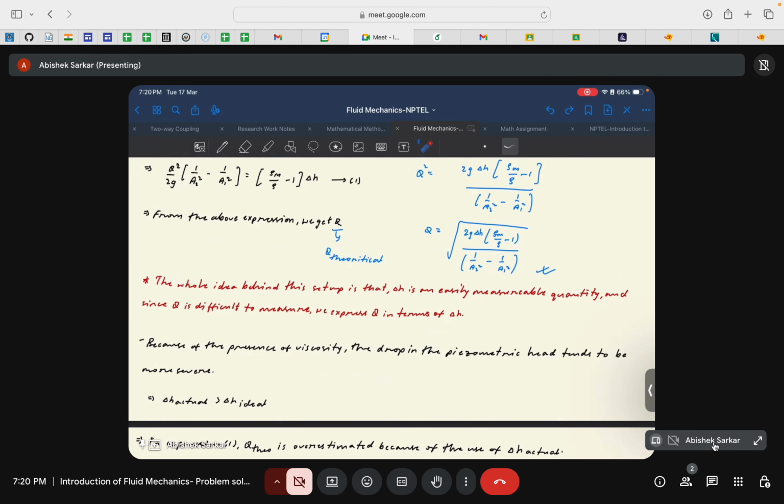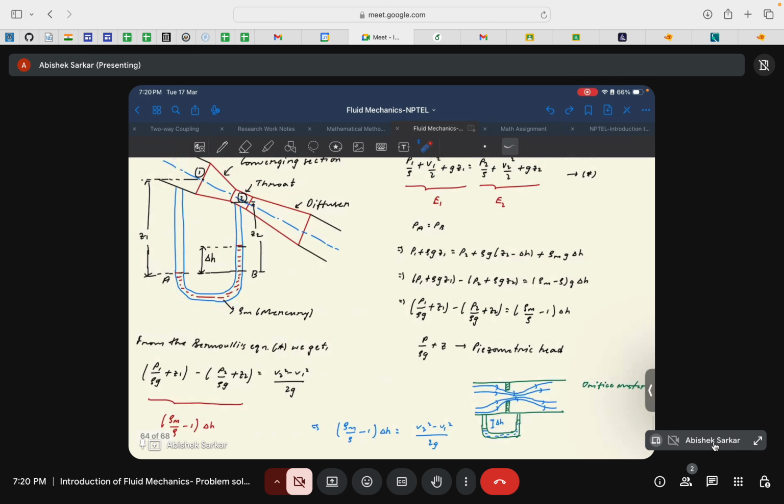But the Venturi meter is working in a scenario where viscosity is well and truly existing, right? So because of the presence of viscosity, this pressure drop delta H turns out to be higher, representing a higher pressure loss compared to what would have been obtained from Bernoulli's equation.